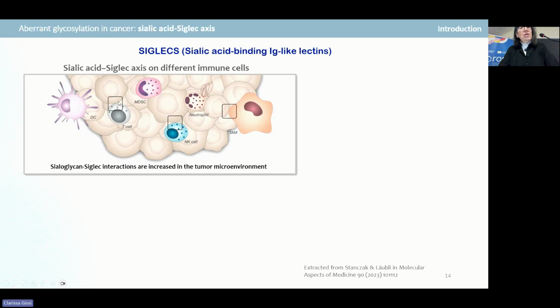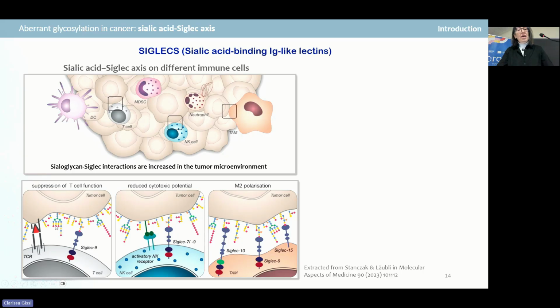Here there are the tumor cells, and we see through the hypersialylation of these tumor cells the interaction with T cells, natural killer cells, or macrophages, and usually these interactions take place through these inhibitory Siglecs, like Siglec-7 and Siglec-9, and these interactions suppress, for instance, T cell function, reduce the cytotoxic potential of natural killer cells, or induce the polarization of macrophages to a more anti-inflammatory phenotype.